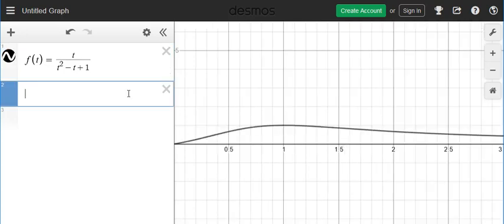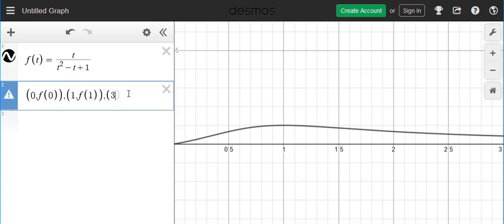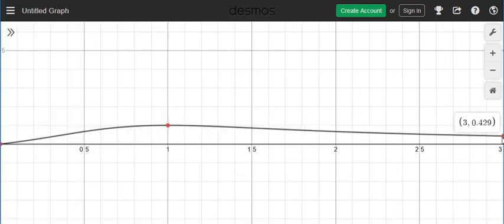And let's actually just label these points: 0, 0, f of 0, 1, f of 1, and 3, f of 3. And we get these 3 points here, and we see that it is, as we suggested, that the absolute minimum occurs at 0, 0, and the absolute max occurs at 1, 1.